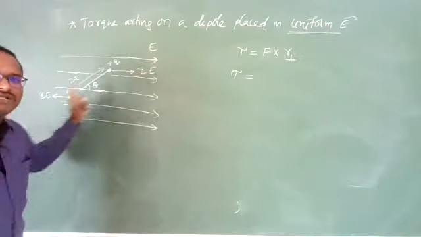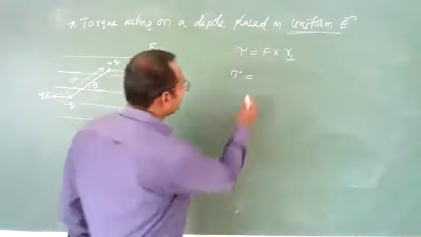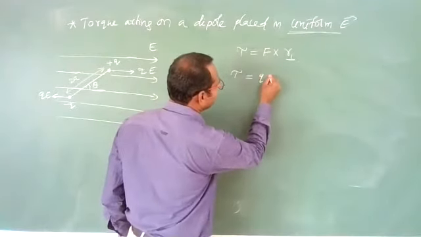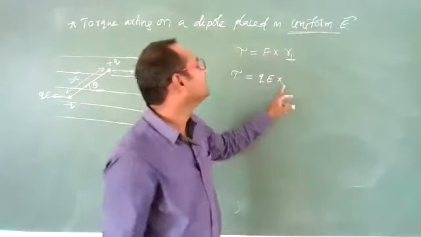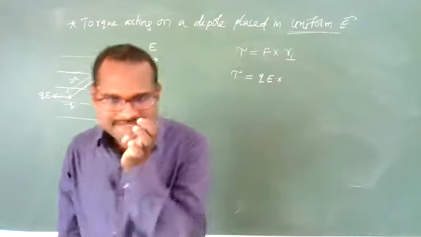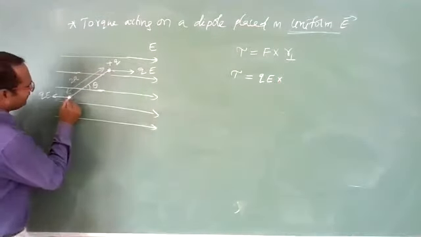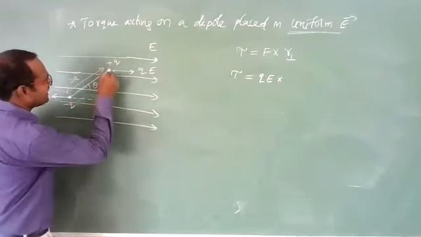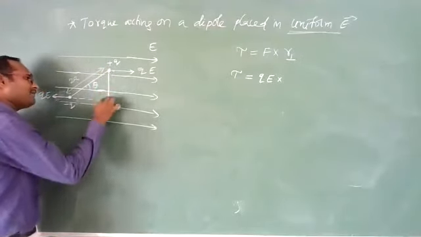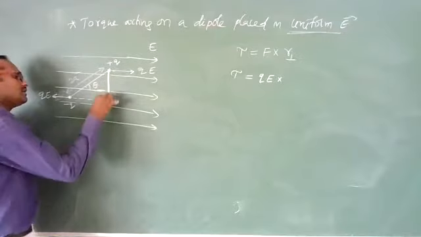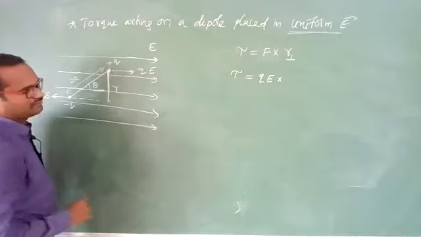This force is QE, this force also QE, but both are in opposite directions. So take the magnitude of any one force, QE, into, it is not a cross product, into the perpendicular distance between them. If you extend this one in this direction, and this one in this direction, this will be the perpendicular distance r.